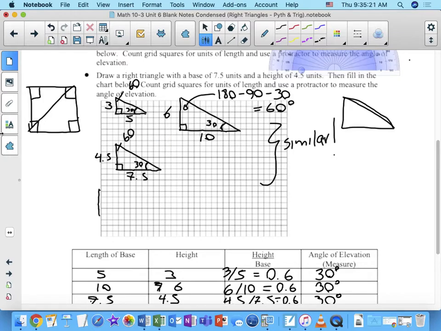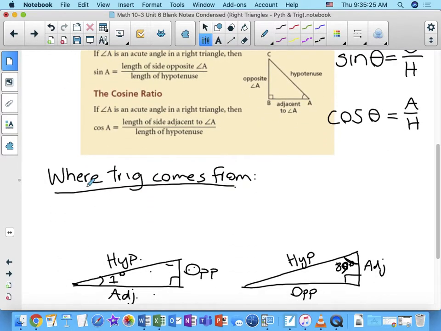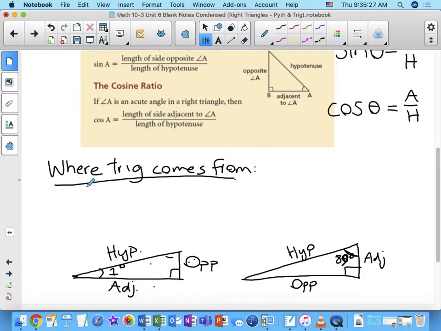Okay. So what I'd like to do is just redraw that over here. So what it had was a height of 3, a base of 5, and we measured this to be 30 degrees. Now, in reality, and I'm going to tell you this right now, we were off by 1 degree.